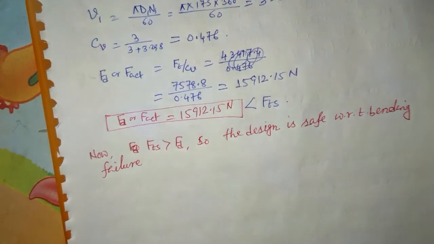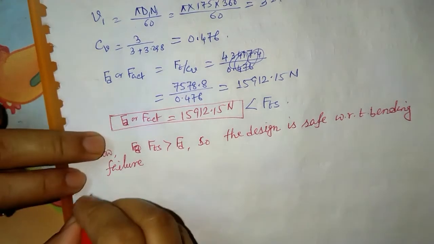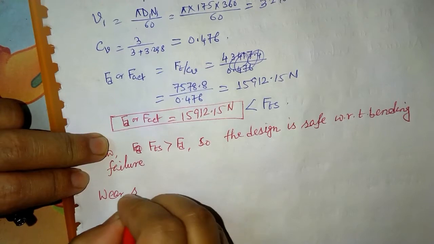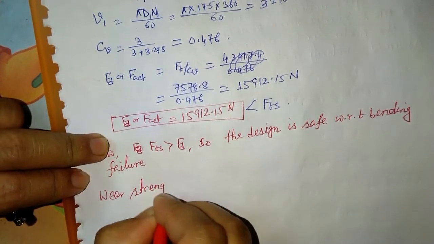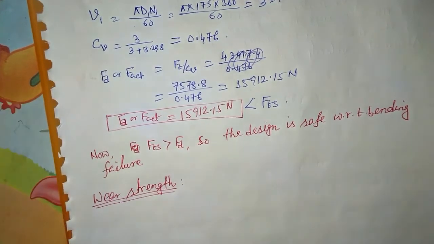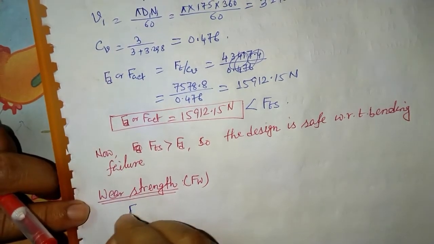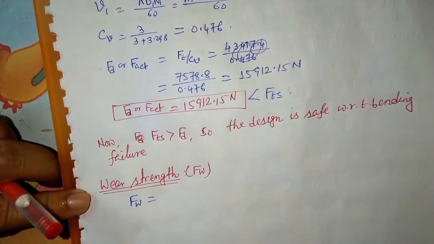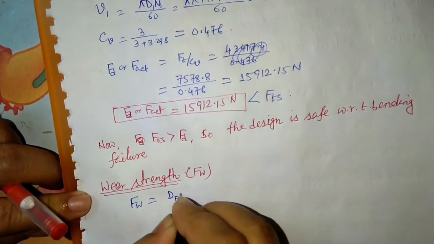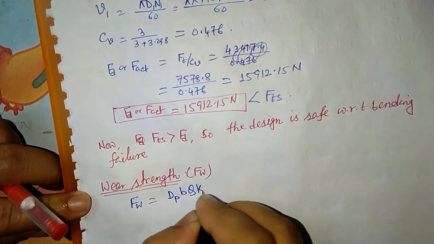Okay, so now we have to design with respect to wear strength. So now let's find the wear strength. Wear strength we have taken as FW. Already we saw that FW is DP BQK.